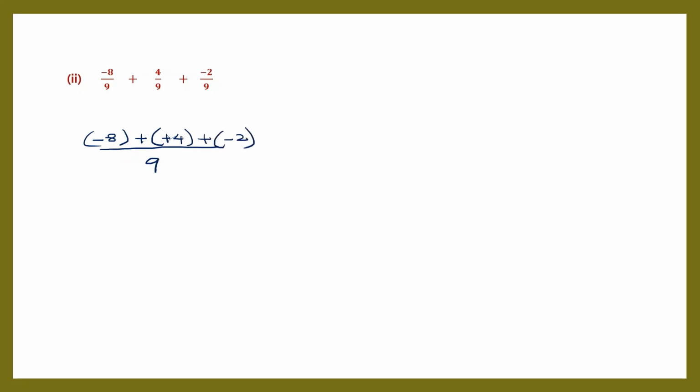So again here also we can take the numbers which have the same sign, that is minus 8 and minus 2 have the same sign. So when signs are the same, we put the same sign and we add. 8 plus 2 is 10 and so this is minus 10 and then we also have to add up plus 4 to it, plus 4 and the denominator here is 9.